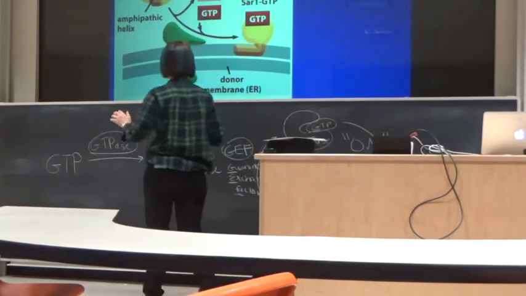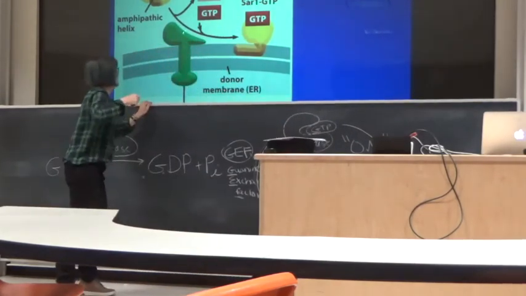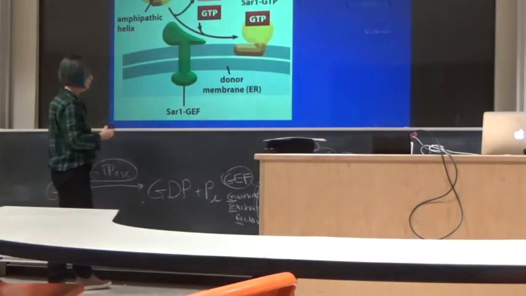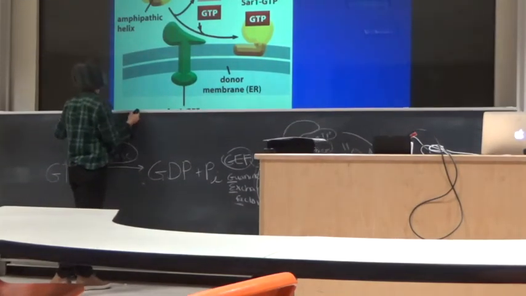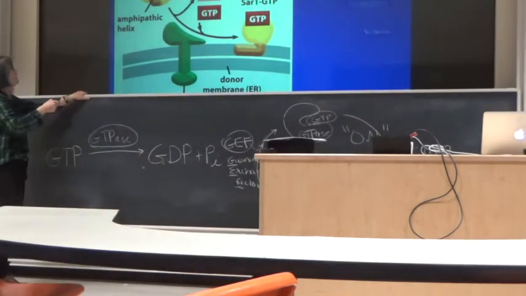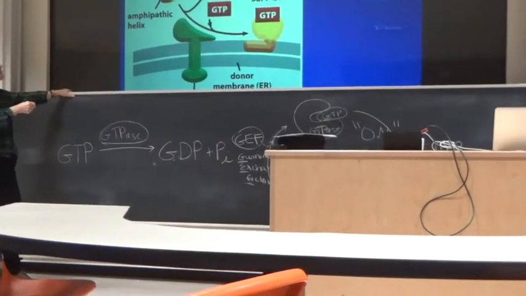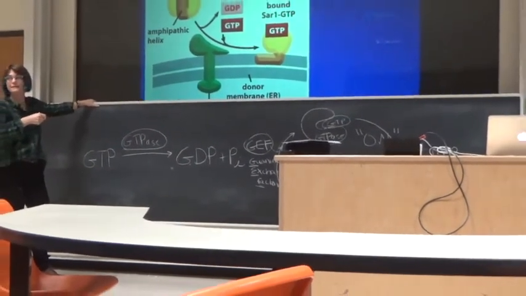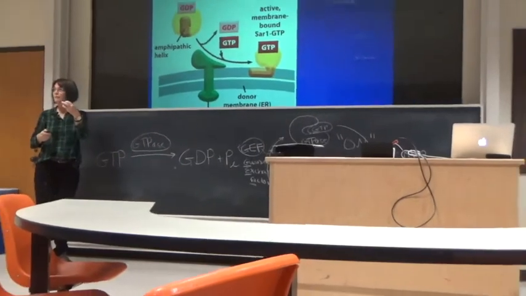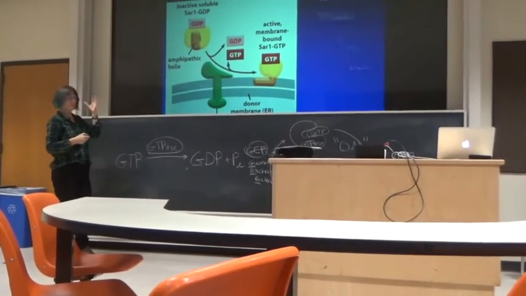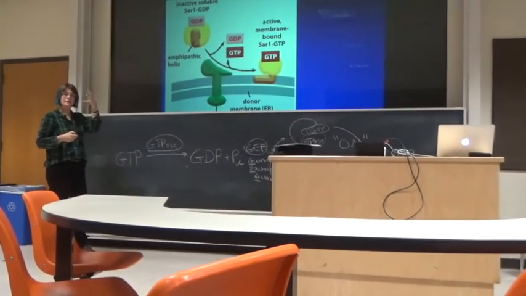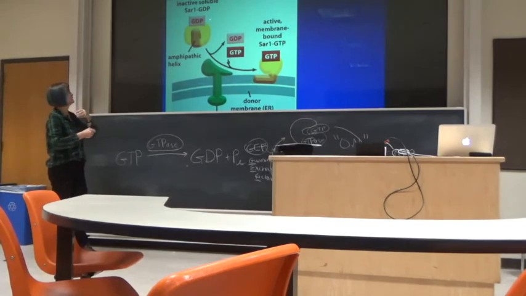And that's what we see right here. So here's the SAR1 GEF. And it also turns out SAR1 is a little bit special in that it has in the protein sequence an amphipathic helix, meaning it has a little hydrophobic tail, a hydrophobic helix of amino acids.